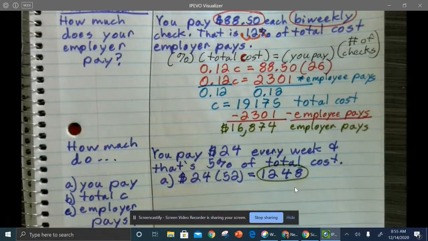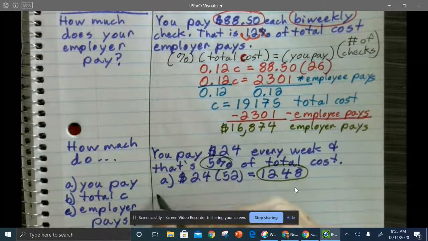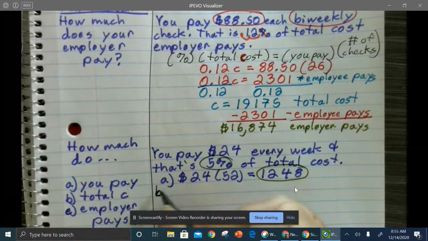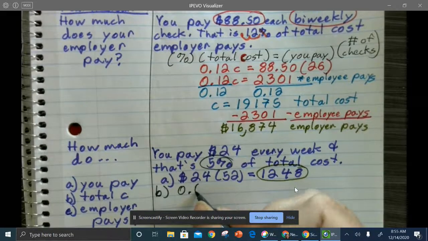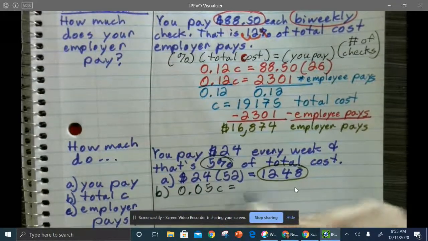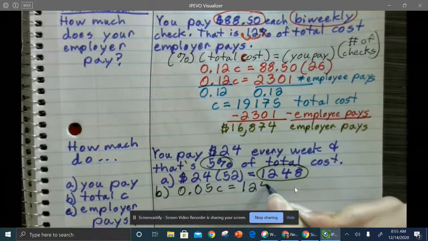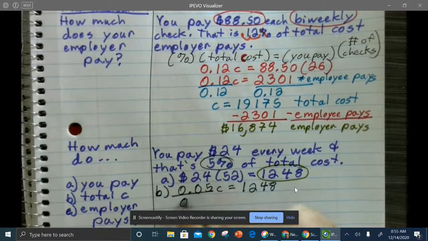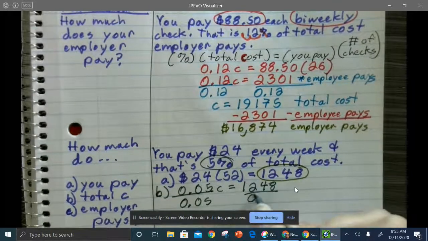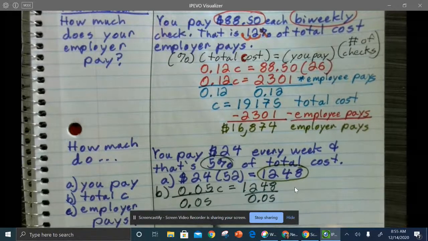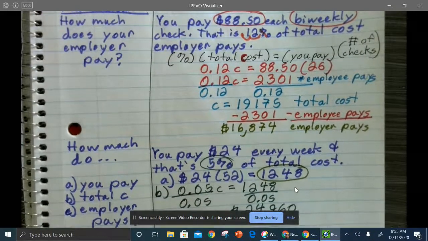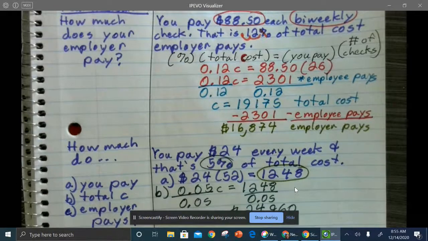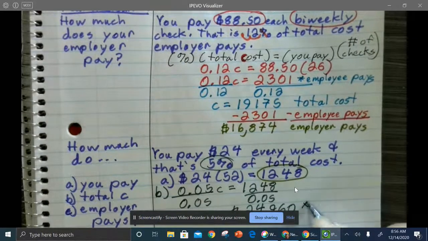Then we're going to do 5% as a decimal. Okay, so remember, so that's going to be 5% times the cost equals the 1,248. So we divide by 5% as a decimal for each side. So we get the total cost is 24,960. Okay. So again, everybody, this is the total cost.